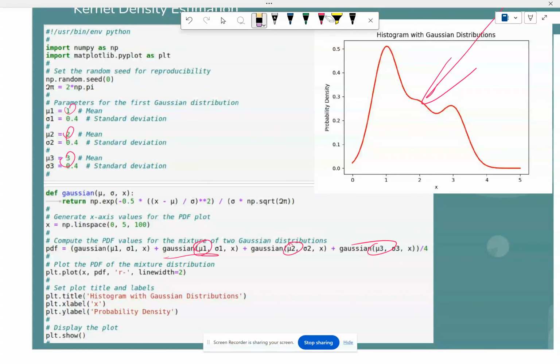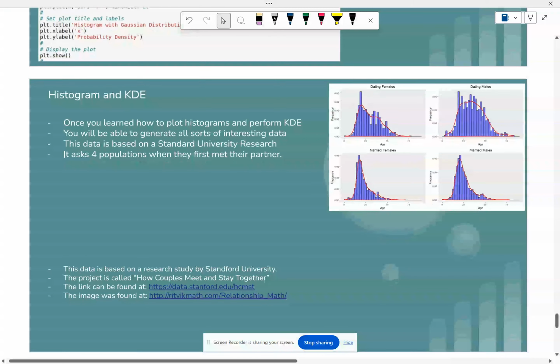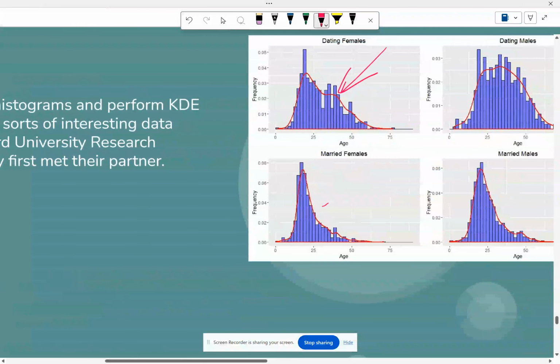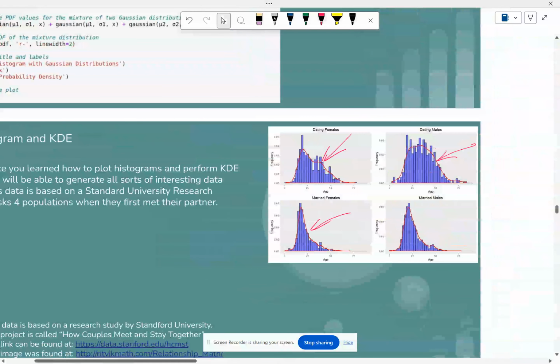So this right here is the probability density function. When I plot this out, you get this right here. So with very complicated functions, you can still get basically any shape you want that fits the data really well. That is the power of KDE.